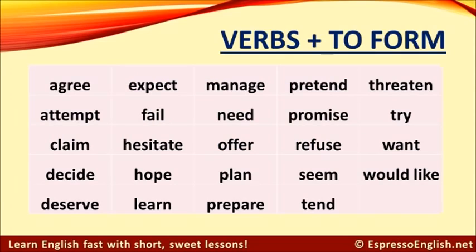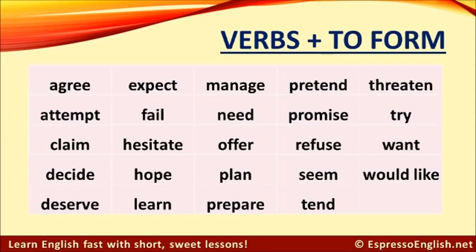Other verbs that take this structure include agree, attempt, claim, decide, deserve, expect, fail, hesitate, hope, learn, manage, need, offer, plan, prepare, pretend, promise, refuse, seem, tend, threaten, try, want, and would like.